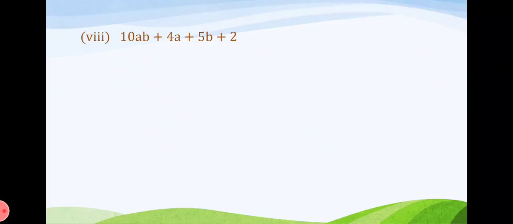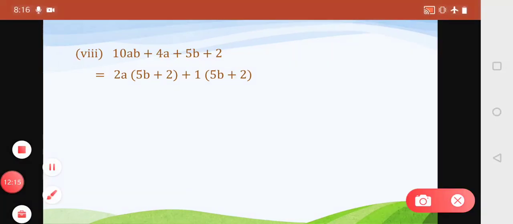After making the groups, we further factorize by taking out 2a common from the first group. 2 fives are 10, so 5 and a are taken out from the first term, and b is left, so we get 5b, plus sign as it is.